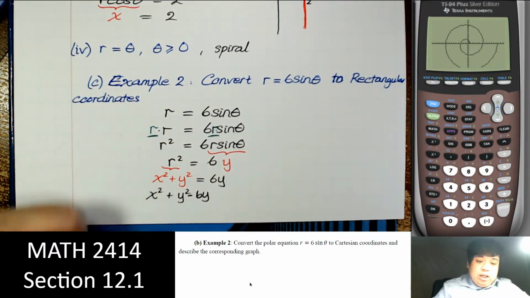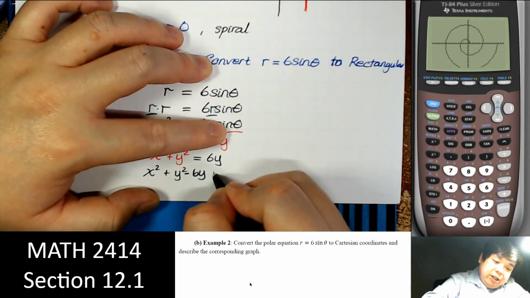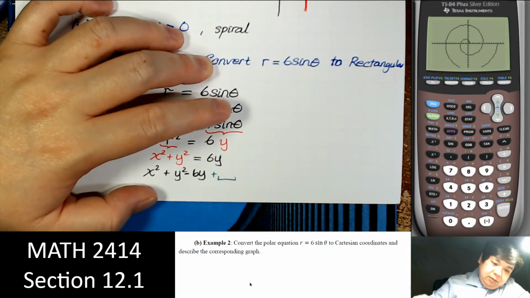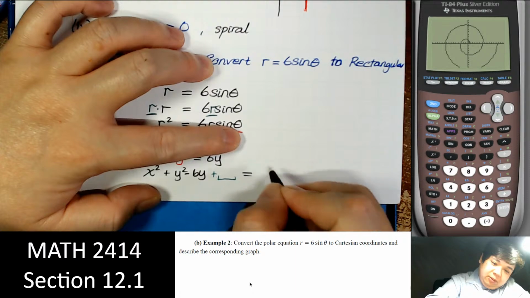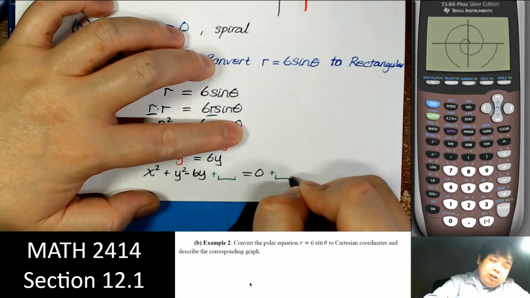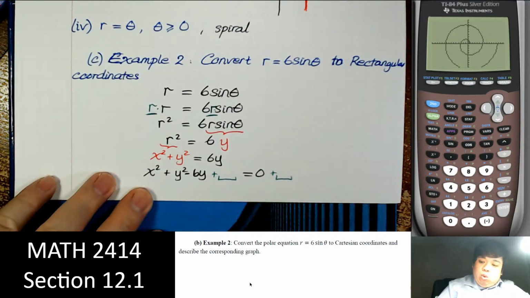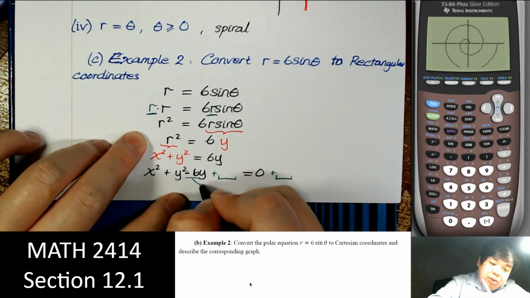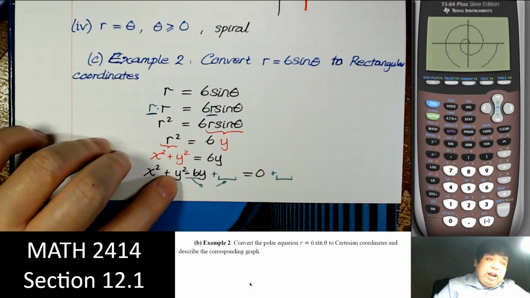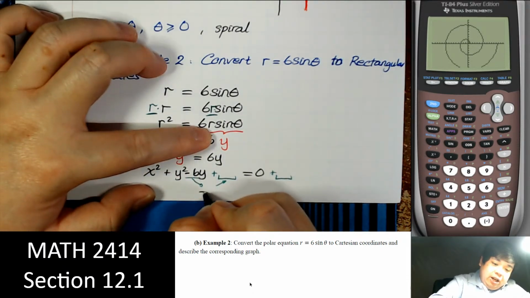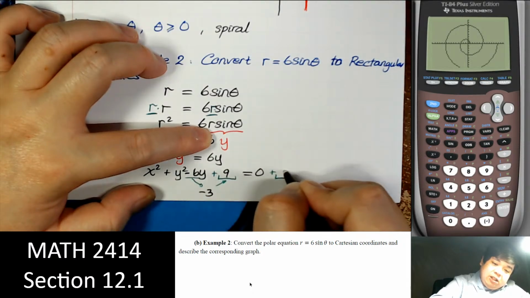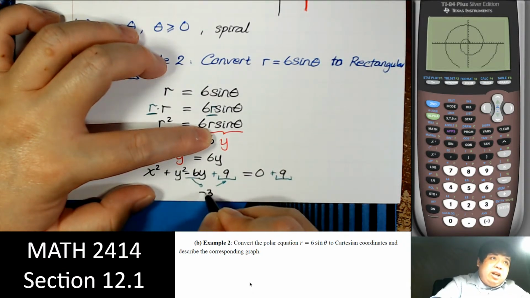And what I do is complete the square, adding something on both sides to make it a perfect square. We take half of the middle number and then square it. Half of -6 is -3. Square that is 9. So half and then square.